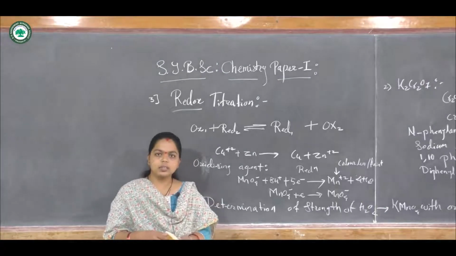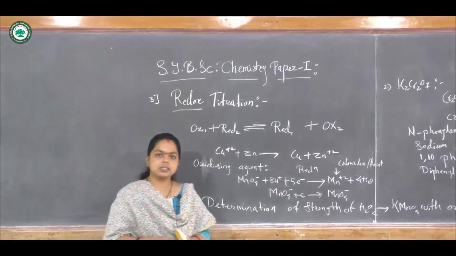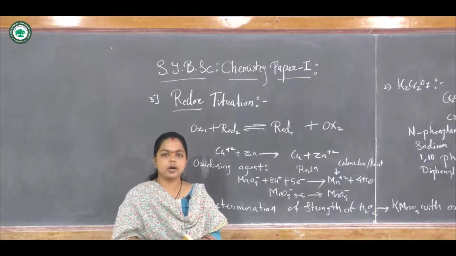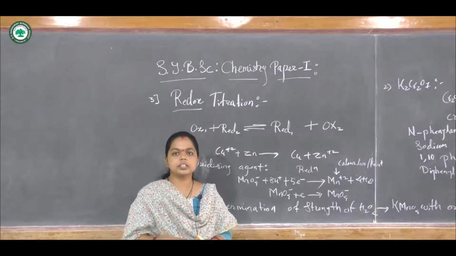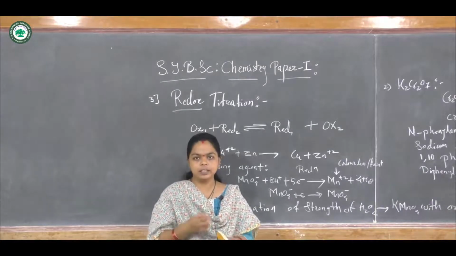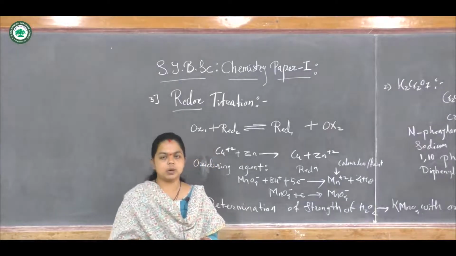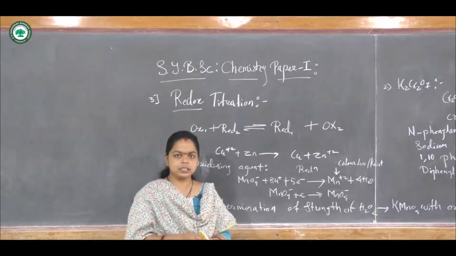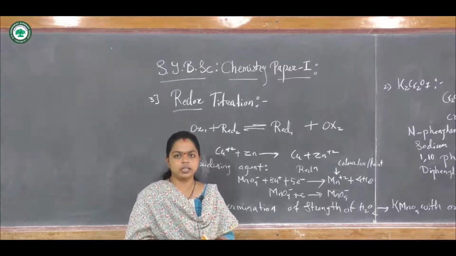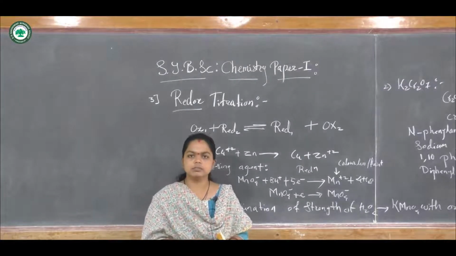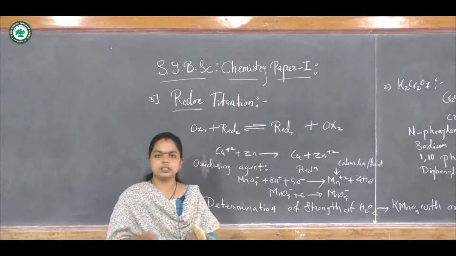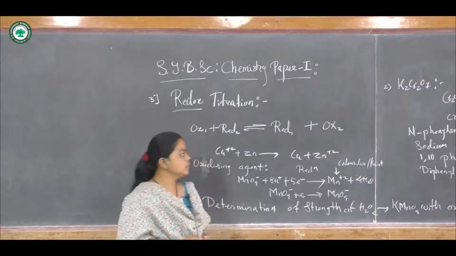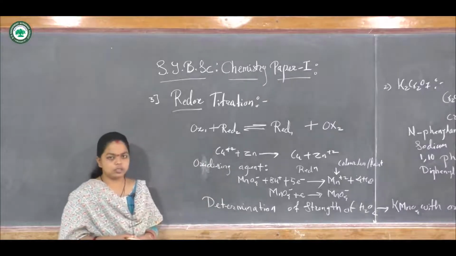We know that oxidation is the process that involves the loss of electrons, and reduction is nothing but the gain or acceptance of electrons. So if loss and gain of electrons occur simultaneously in the solution or in two different solutions, then this redox type of reaction occurs.